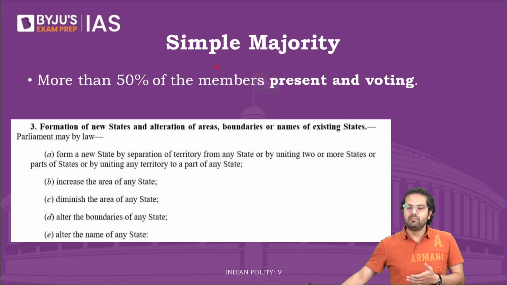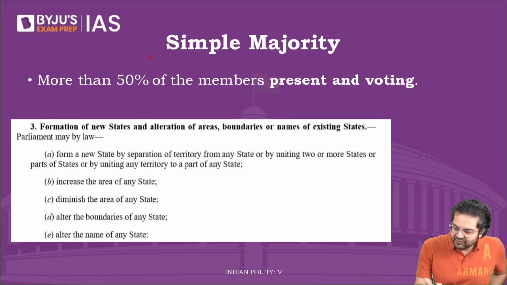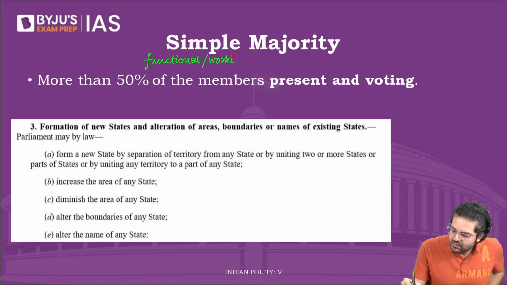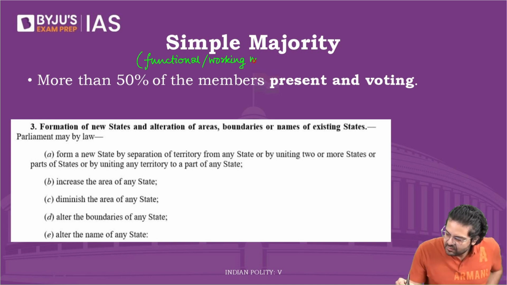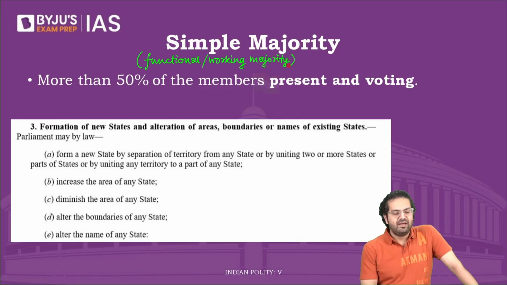Simple majority is the most common majority. It is used everywhere. That is why it's also referred to as a functional or a working majority, because this is what is used in every case where the earlier kinds of majorities are not used.